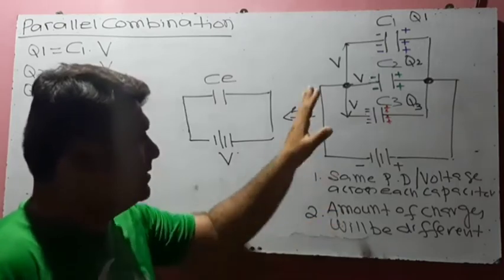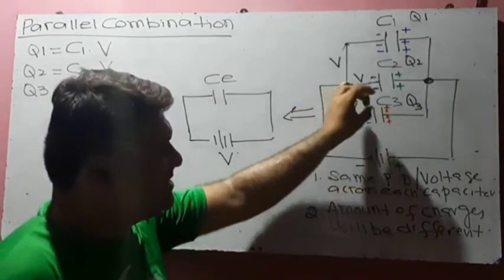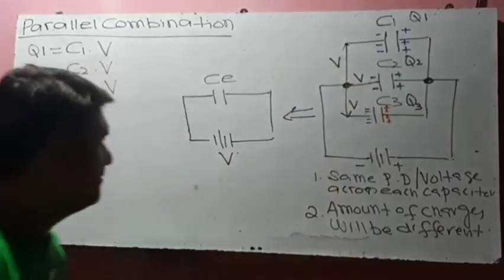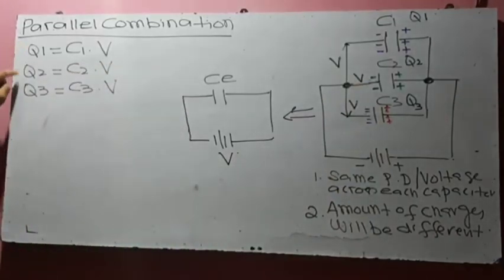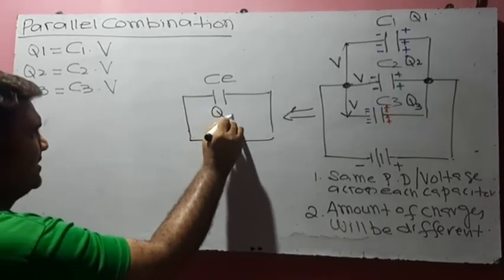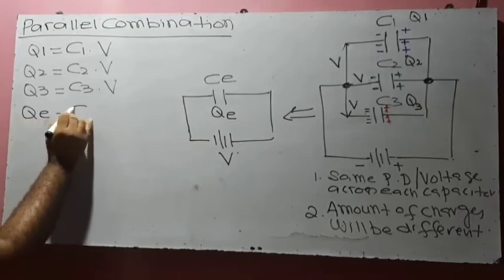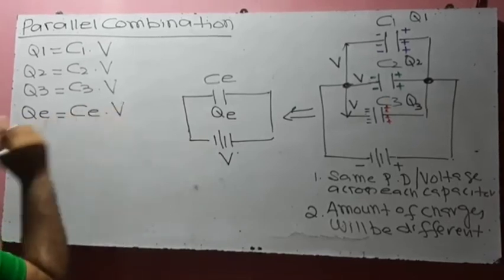So remember, the amount of charges stored in each capacitor will be different. So the Q1, Q2 and Q3, the amount of charges stored in this capacitor is QE. So the QE will be equal to CE into V.